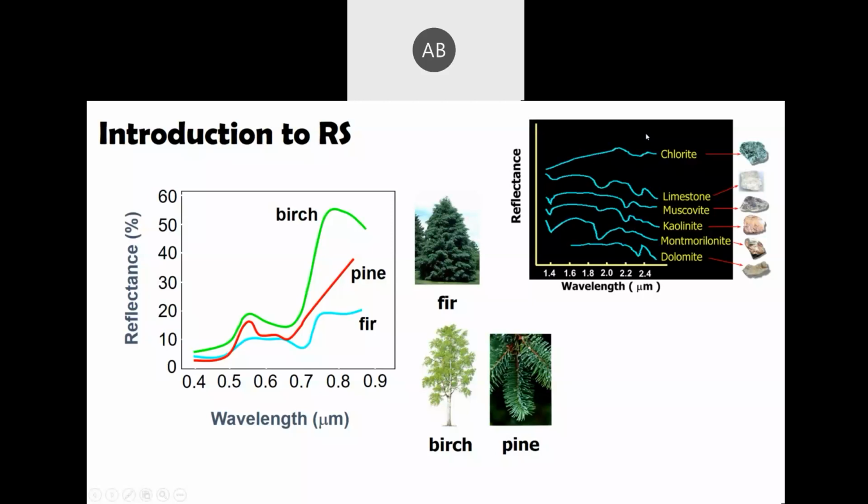Now we are coming to a very interesting slide. Here what you see is a curve or a graph on the left side of the screen. On the x-axis we have the wavelength, and on the y-axis we have the percentage of reflectance.